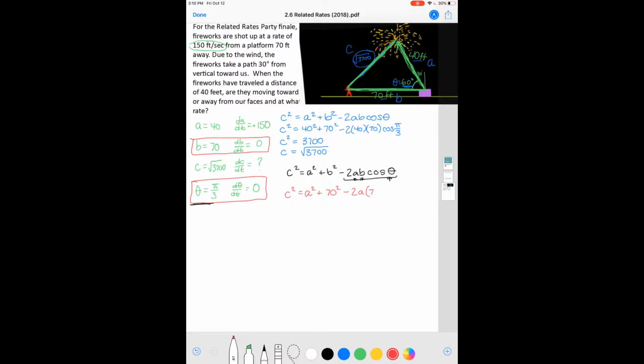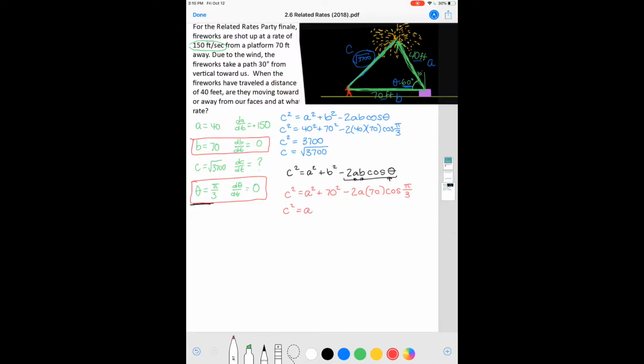So I'm plugging in that 70 for side B. My angle's not changing, so I can plug in the pi over 3, because those aren't functions of time, they're constants. And so I can plug that all in before I take the derivative. Normally you don't want to plug anything in, but because those are constant, you can plug in before.